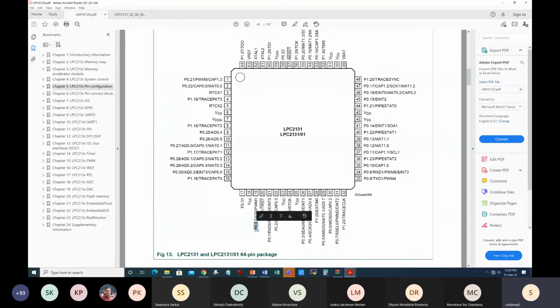This is the GPIO function. Now I want to use it as the GPIO function, repeating again, and for that I have to configure 2 bits. P0.0 is a single pin representing port 0.0 only.